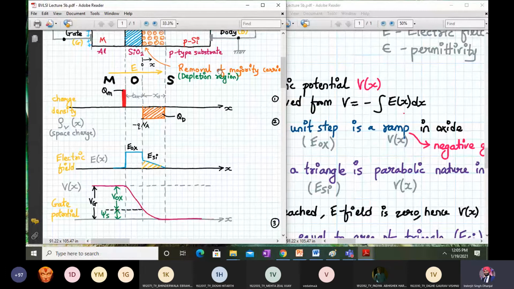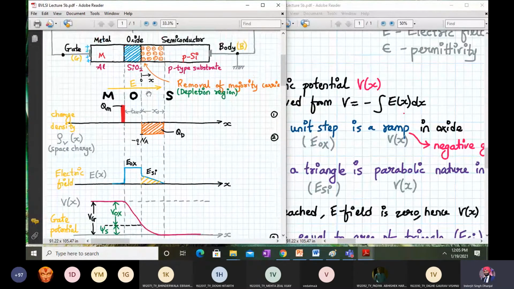So from all this knowledge, we are going to derive the expression of XD and the amount of depletion region charge. So let us start.